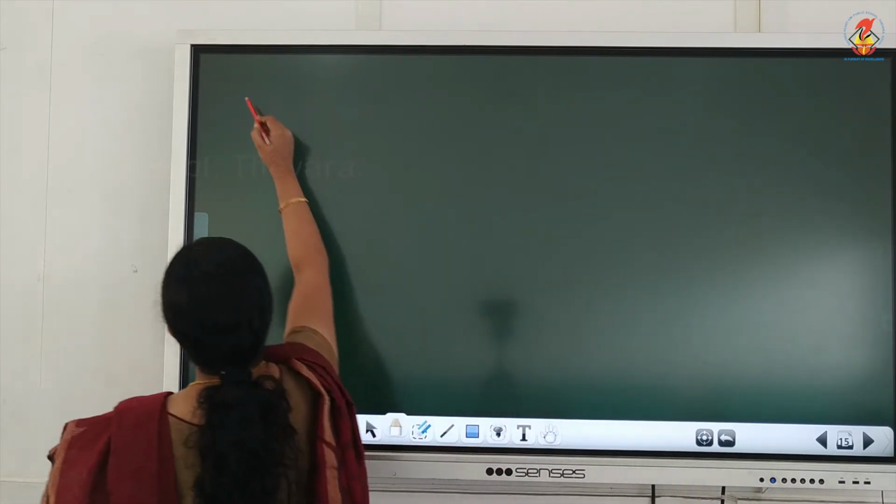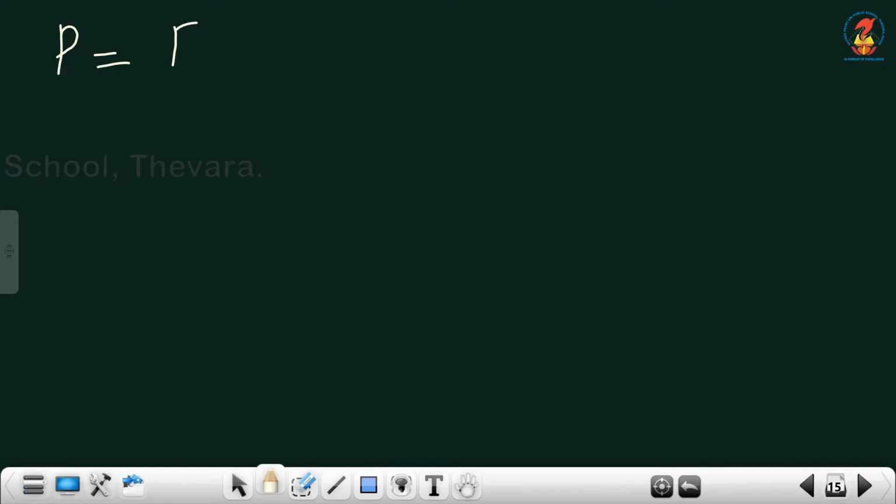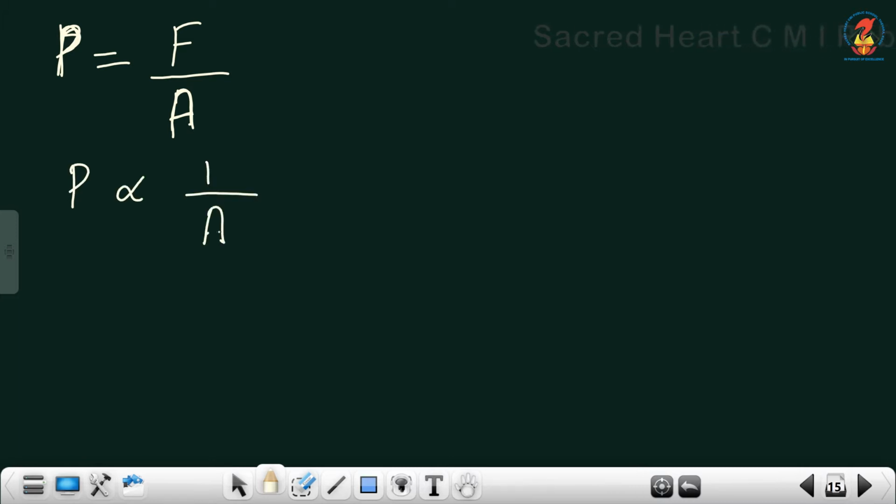We have pressure is equal to thrust by area. Okay. Now, pressure is in the numerator part and area is in the denominator part. That means pressure and area are in inverse proportion.